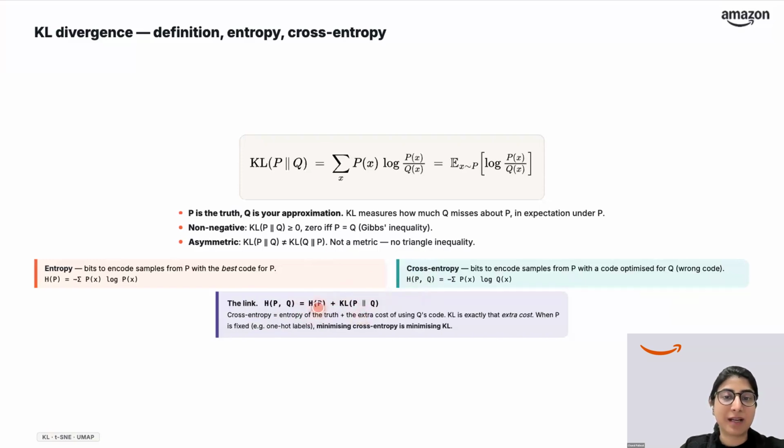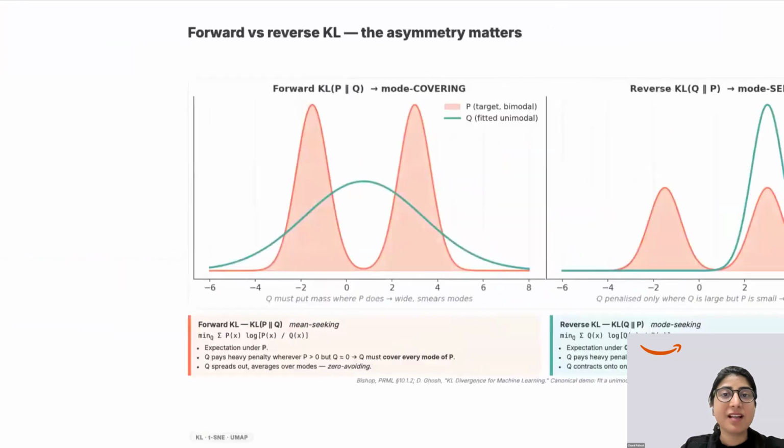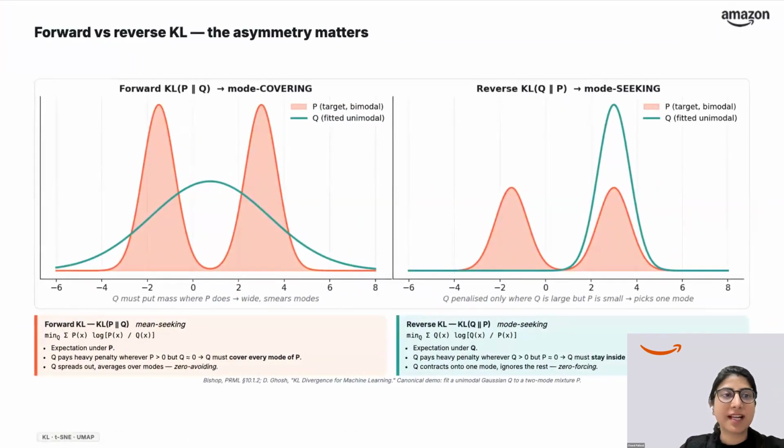So when P is fixed, like a one-hot label, minimizing the cross entropy is essentially minimizing this KL divergence.